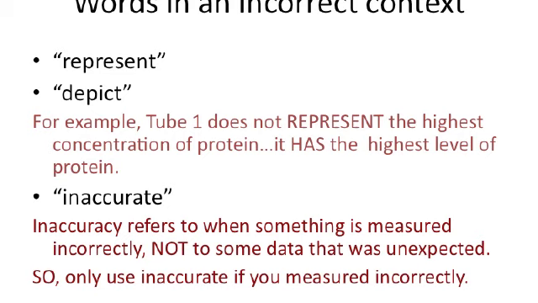The last thing that I really want to mention is the word inaccurate. It's very easy for students to, again, use the hypothesis, and then if the data doesn't actually follow the hypothesis, they say that the data is inaccurate. And that's not true. Data is accurate as long as you measured it correctly.